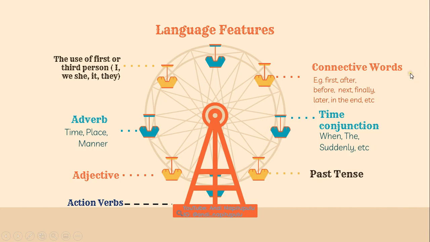Next, after that, you have to know in your story there will be adverbs. Adverbs in here are like time, place, manner. Time in here, you know time, right? When the story happened. The place is where the story happened.